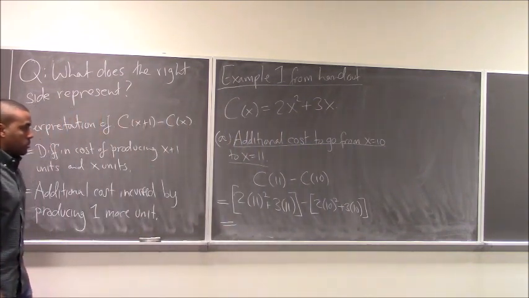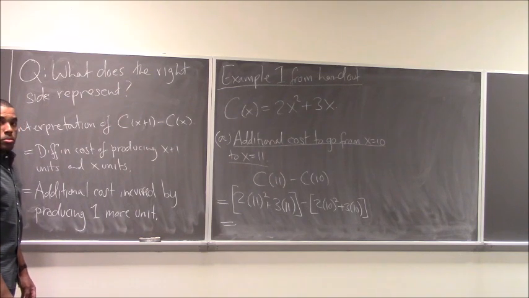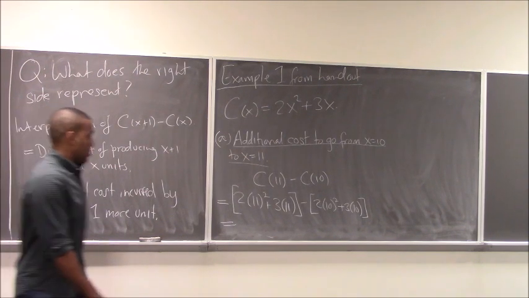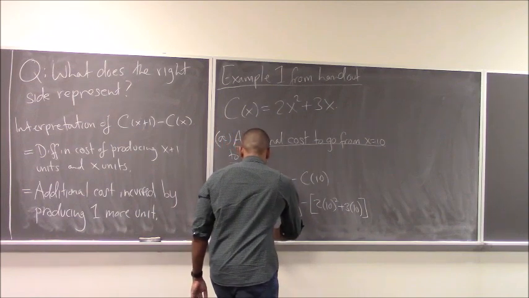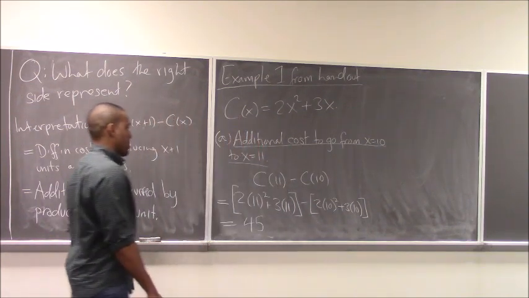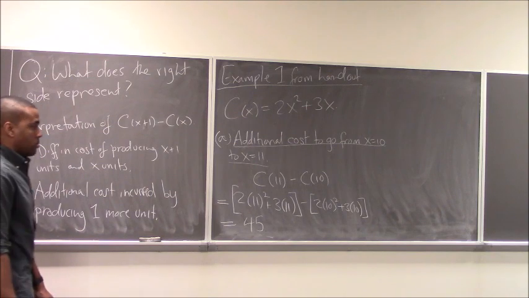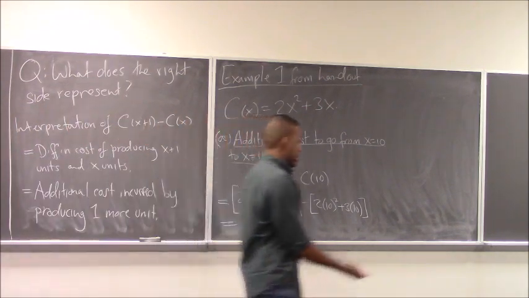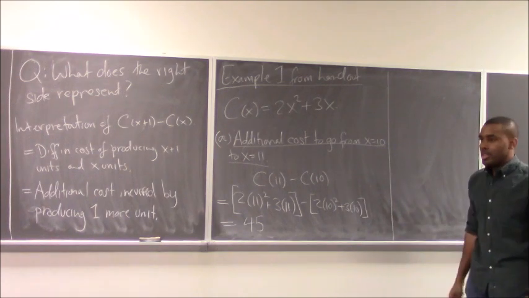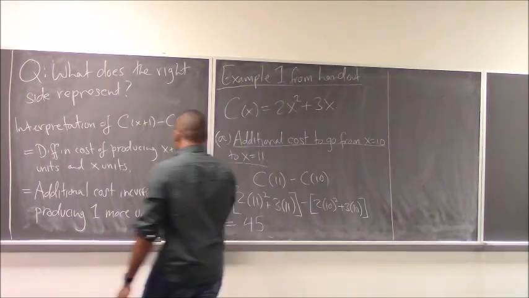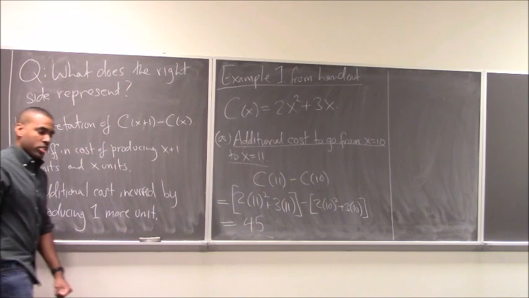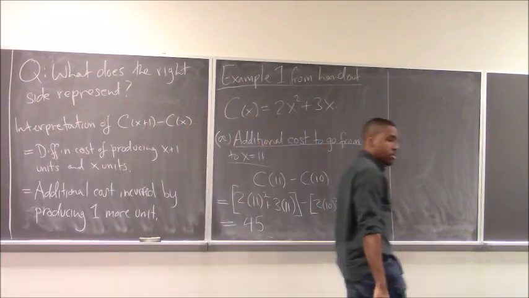What's that equal to? 45. Is that 45? Yeah. Okay, so 45. So the additional cost of producing the 11th boxer shorts is $45. It's an expensive pair of boxers.